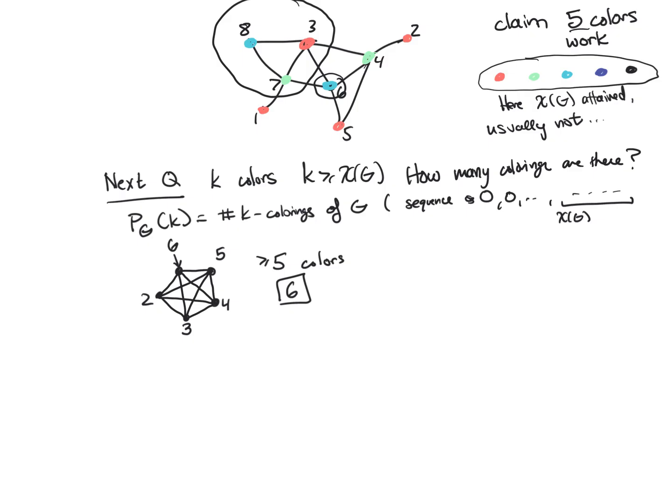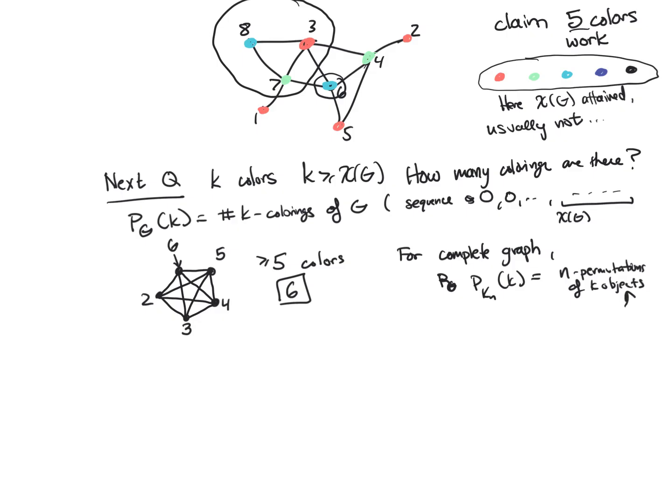So in other words, for the complete graph K_n, P_K_n(k) is the same as n permutations of k objects.